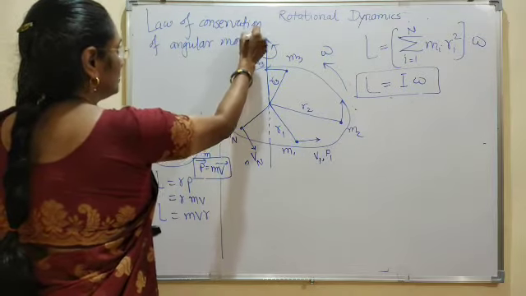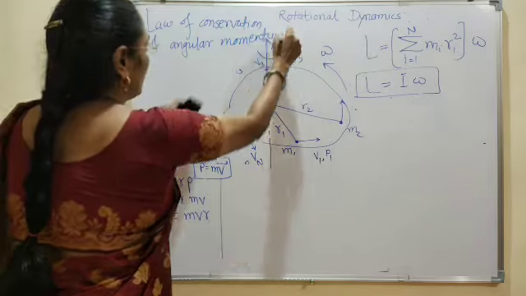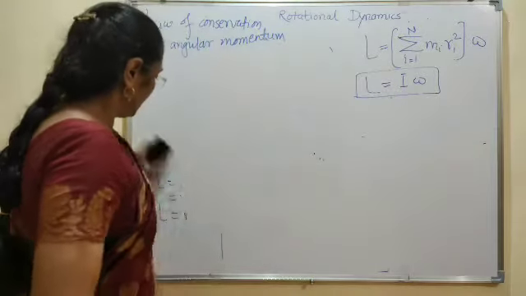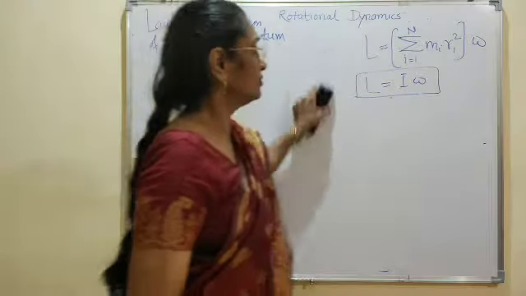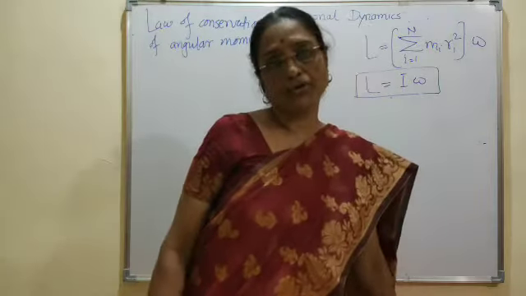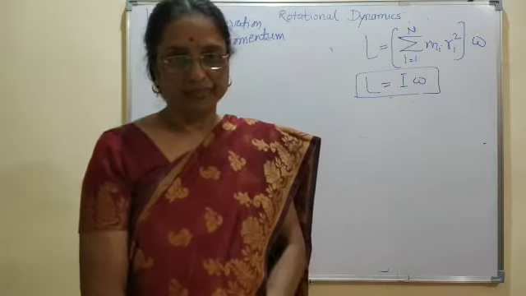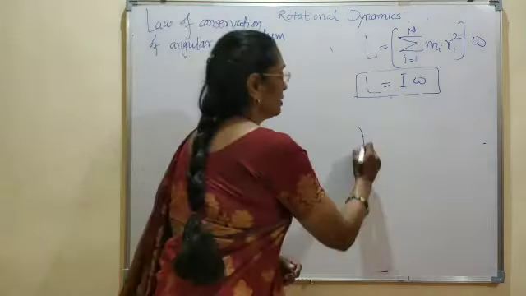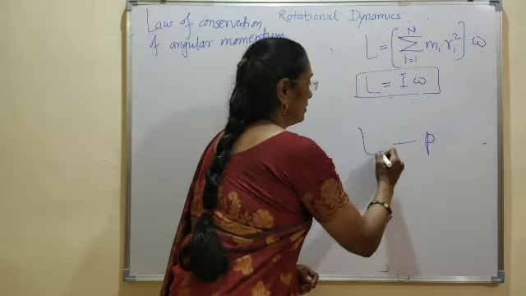It is also very simple to prove the law as well as discuss the law. Let us revise the law of conservation of linear momentum, because this angular momentum is the analogous quantity of linear momentum.